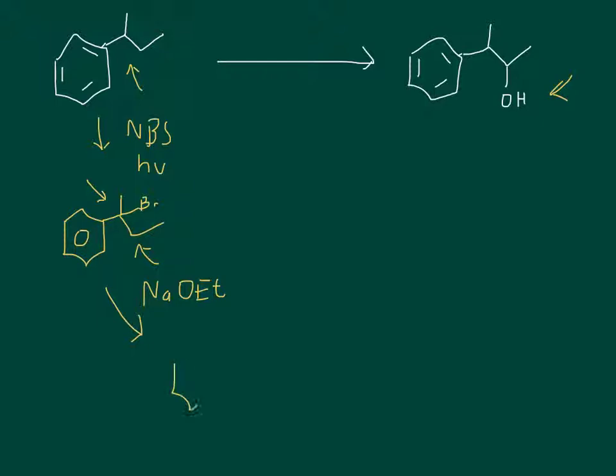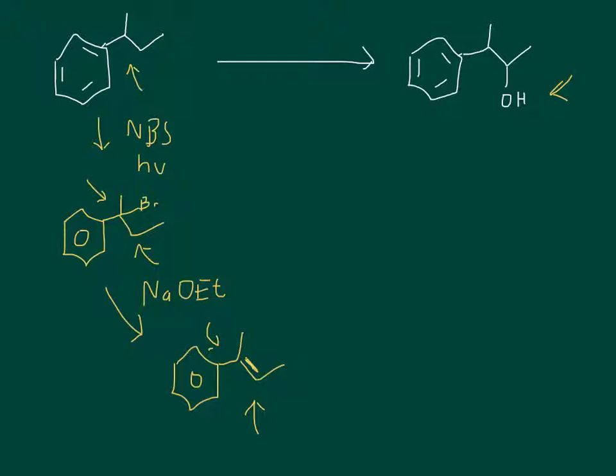So we've done the elimination. Draw the aromatic again. We have our double bond right here. And now it's not too difficult. We just need to decide, okay, how are we going to add the OH group here at that sp2 hybridized carbon as opposed to this carbon? Well, on the right, we have the anti-Markovnikov addition.